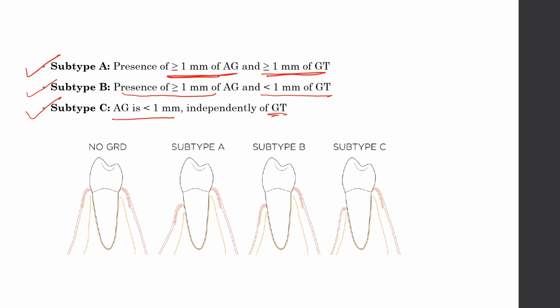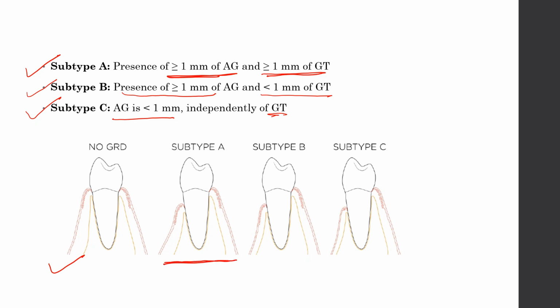Okay, so here with the help of the figure they have tried to categorize the gingival recession on the basis of the gingival biotype. For example, in the first figure there is no gingival recession defect. In the second figure this is subtype A. Why?